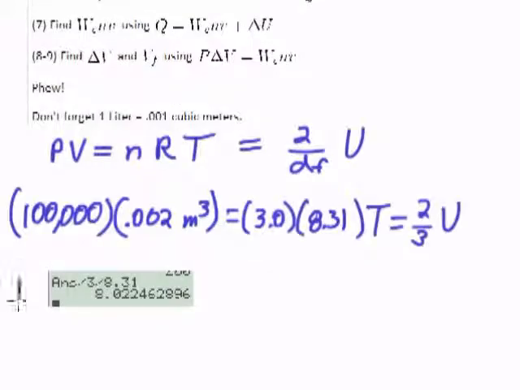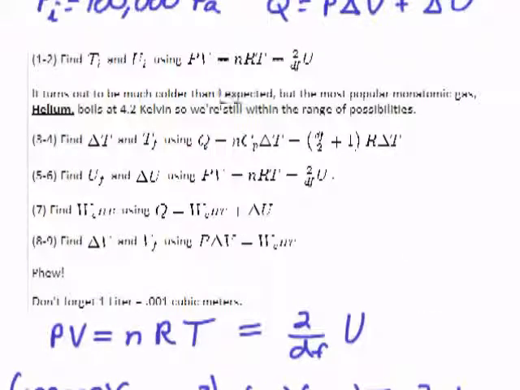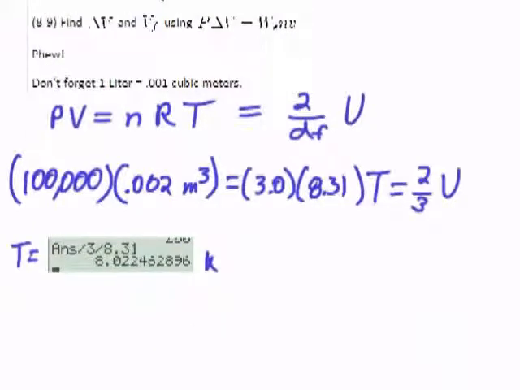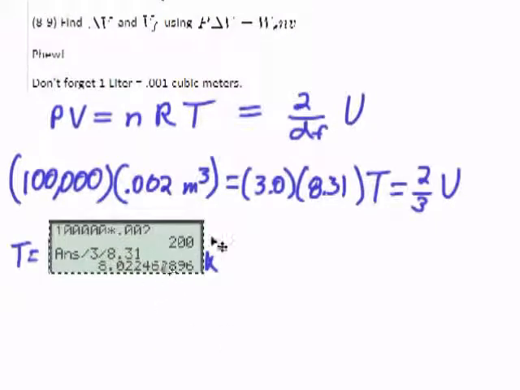Our initial temperature turns out to be 8.02 Kelvin, which is extremely cold. Turns out to be much colder than I expected, but the most popular monatomic gas, helium, boils at 4.2 Kelvin, so we're still within the range of possibilities. Just realized you couldn't see the entire calculation there, but that fixes that.